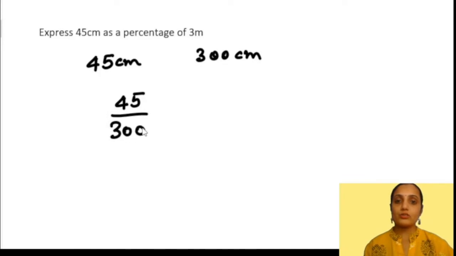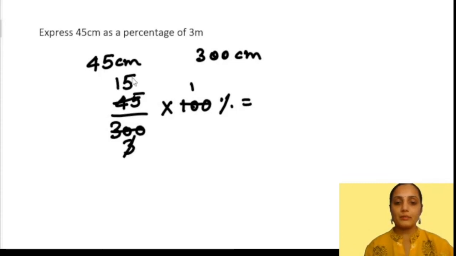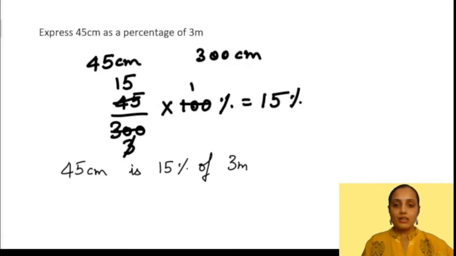So 300 goes to the denominator. Now we multiply it by 100% because we need to find the percentage, and 3 1 time is 3, and 3 15 times is 45, which gives us 15%. That means 45 centimeters is 15% of 3 meters.